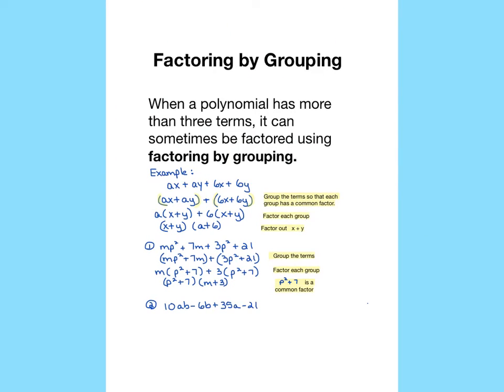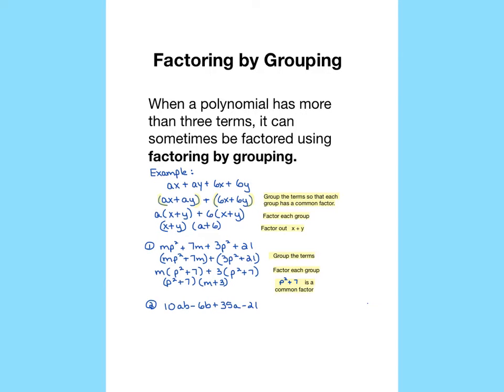Next technique we're going to talk about is factor by grouping. So when you have a polynomial that has more than 3 terms, it can sometimes be factored using factor by grouping.